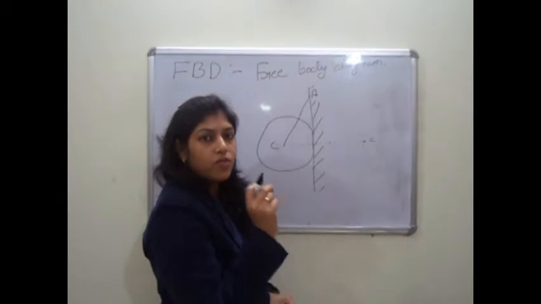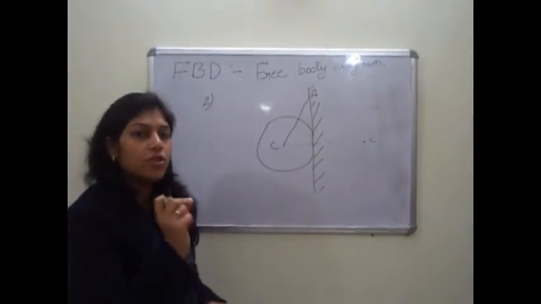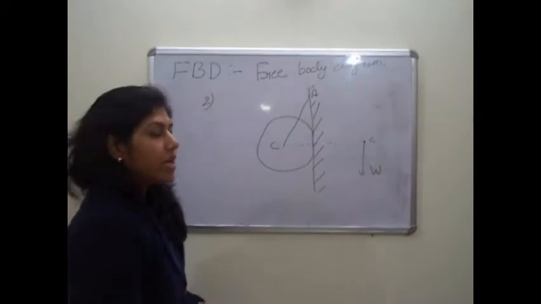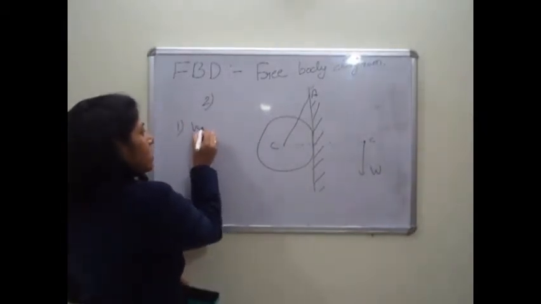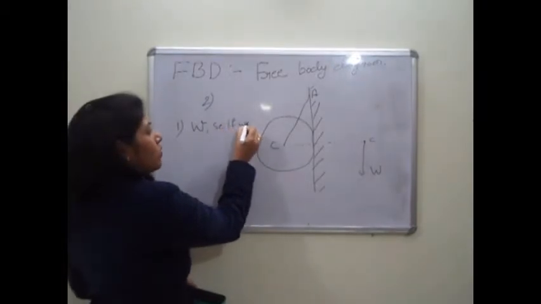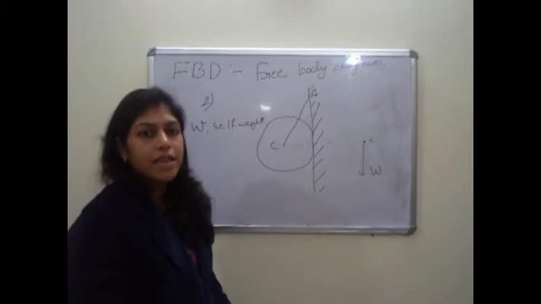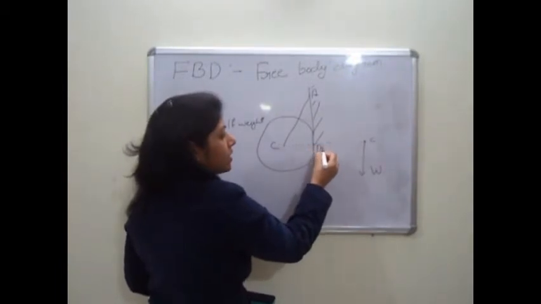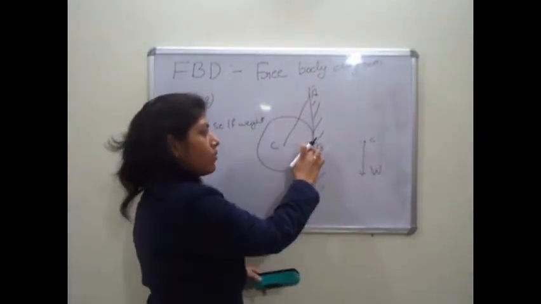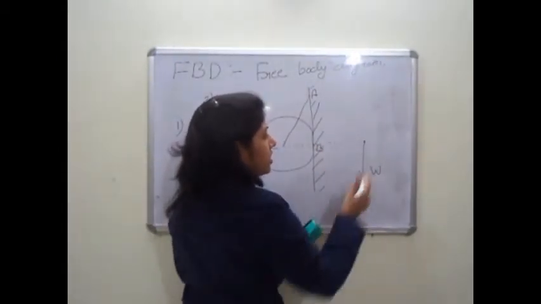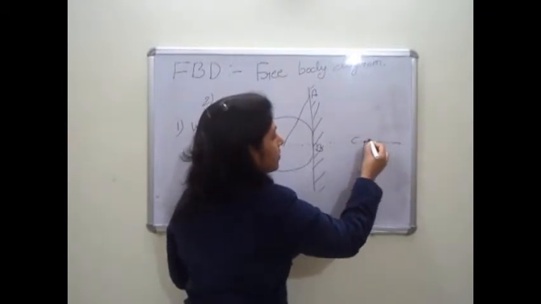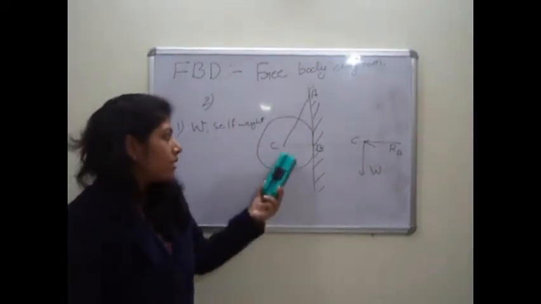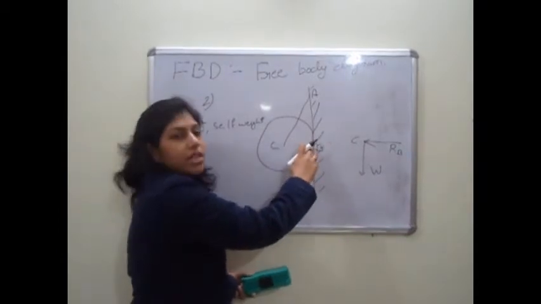The first force will be the self weight of the body or the system, W. Second, if I consider this point A, this point C and this point B, it is supported by the vertical wall at point B, so there should be a reaction at this point, perpendicular to the surface.